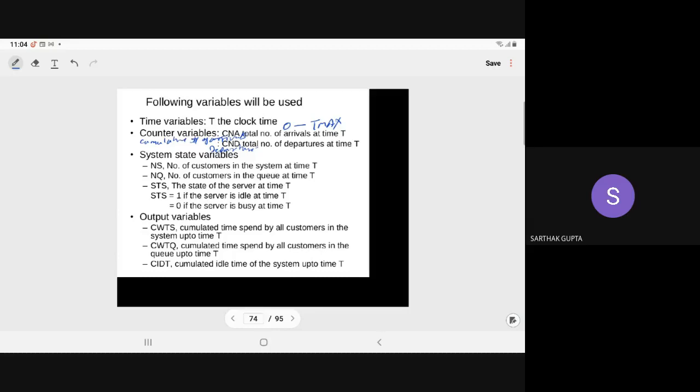Then we have the following three system state variables, which define the status of the system: NS, NQ, STS.